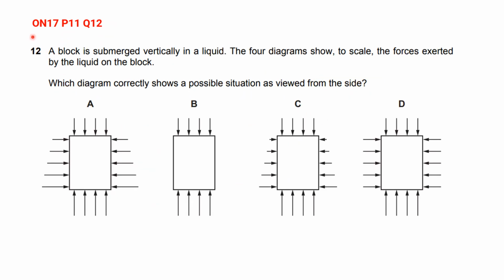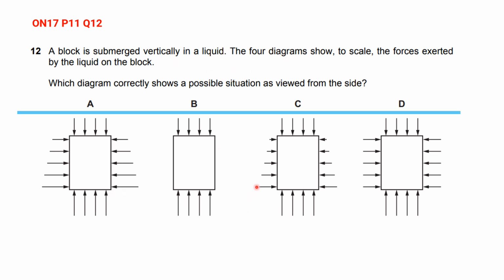The next question is from October-November 17, paper 11, question 12. A block is submerged vertically in a liquid. The 4 diagrams show to scale the forces exerted by the liquid on the block. Which diagram correctly shows a possible situation as viewed from the side?